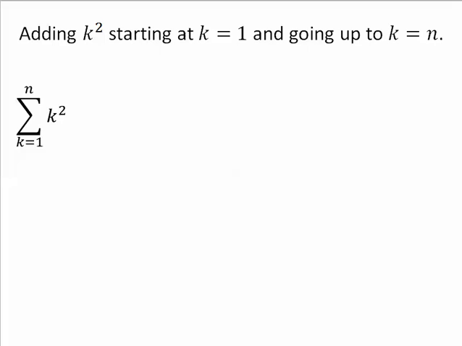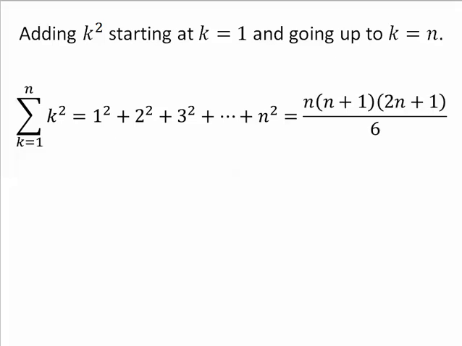Suppose you want to add perfect squares with k starting at 1 and going up to n. So that would be the same as going 1 squared plus 2 squared plus 3 squared all the way up to n squared. And we have a formula for that. Again, this formula only works if k starts at 1 and goes up to n.